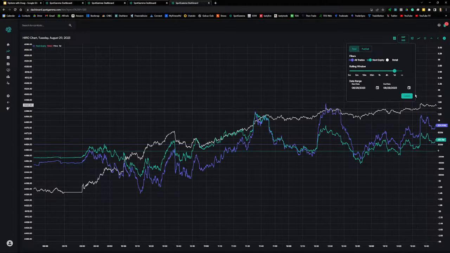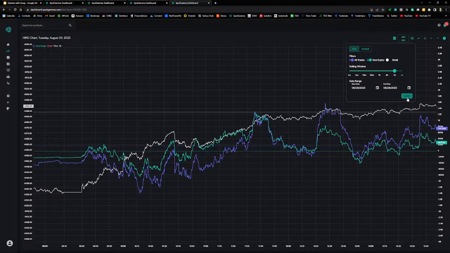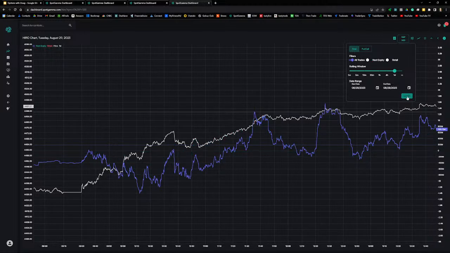And note the close correlation between 0 DTE, the green line, and the purple line showing all expirations. Very close correlation, indicating that 0 DTE trades are making up a large portion of the total options volume today. All right, let's turn that off.